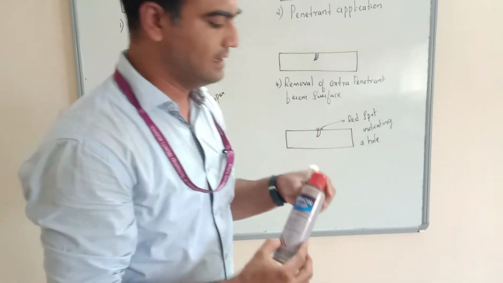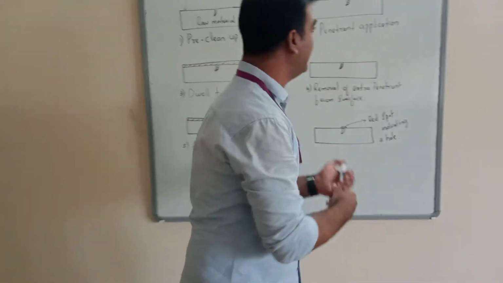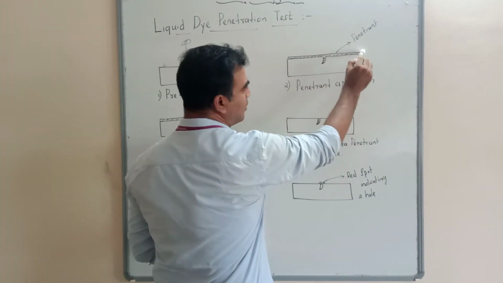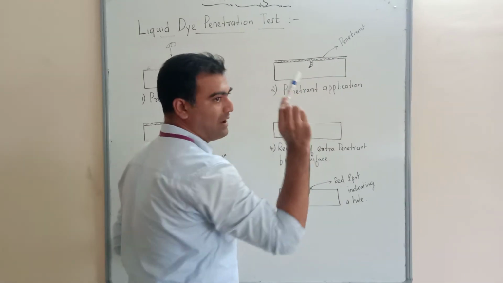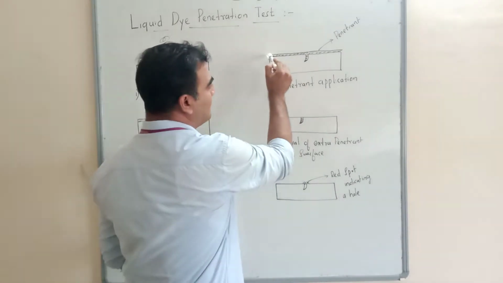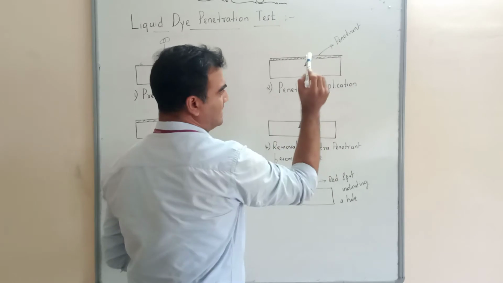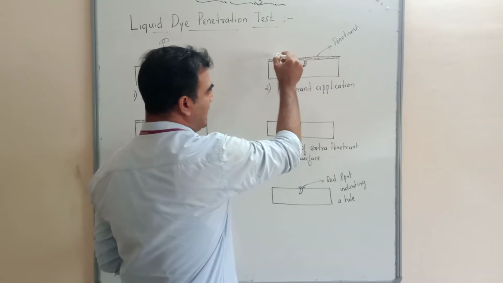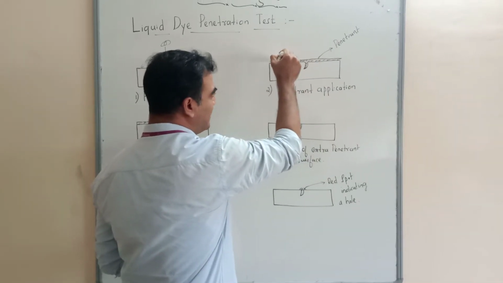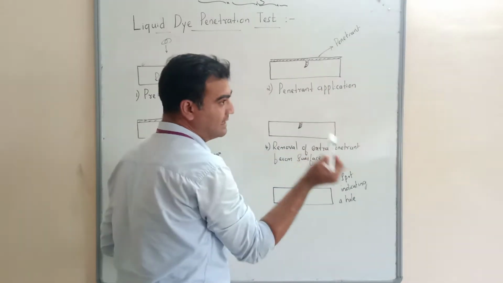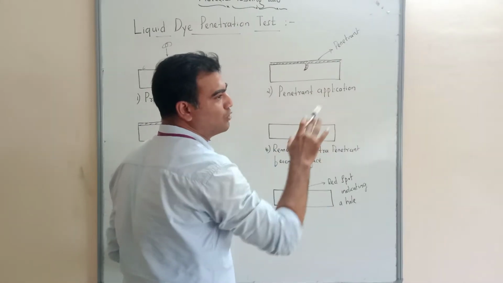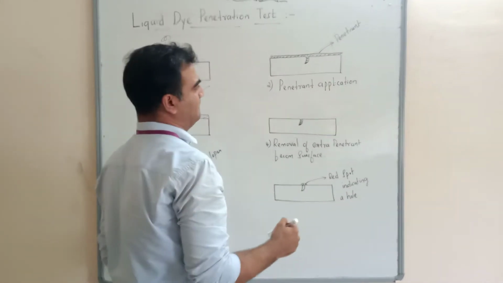This spray is sprayed evenly onto the surface. You cannot spray more at one point and less at another. It has to be sprayed evenly onto the surface which has to be tested.